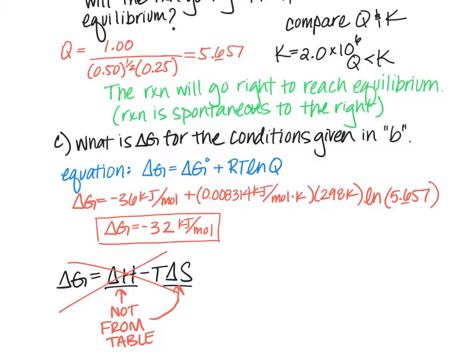All right, so what is delta G for the conditions given in B? I should have also indicated here that this is at 298 K. So that would need to be given to you.